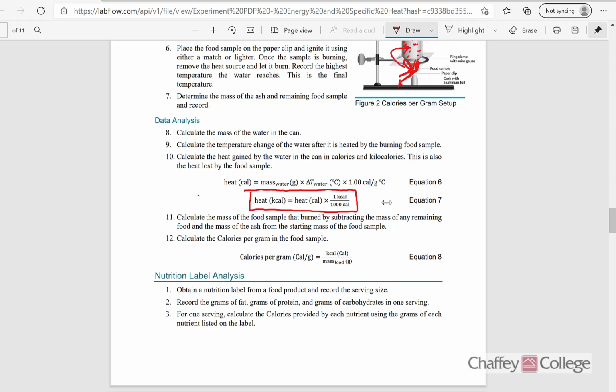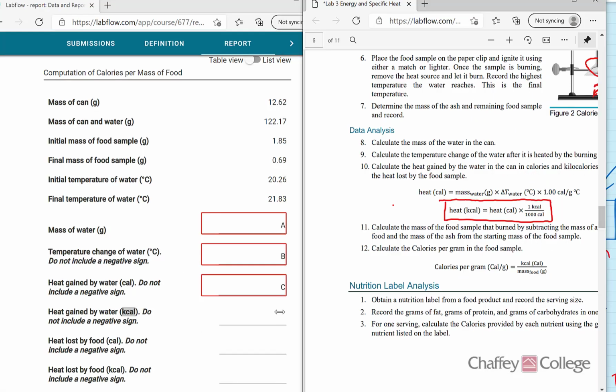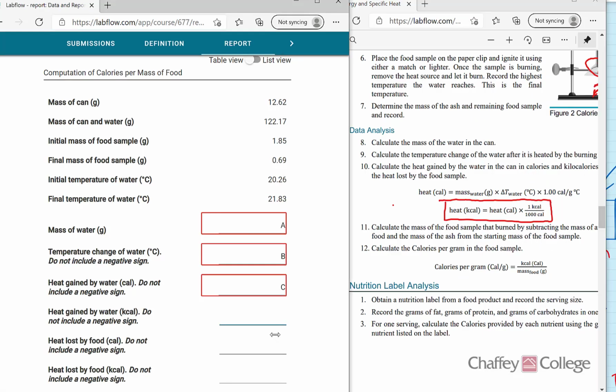We just need to divide the value by 1000. So you take your value calculated in the previous step, which is C, and divide by 1000. So C divided by 1000 will give you the answer in kilocalories. Whatever the number is, I'm going to call it D.